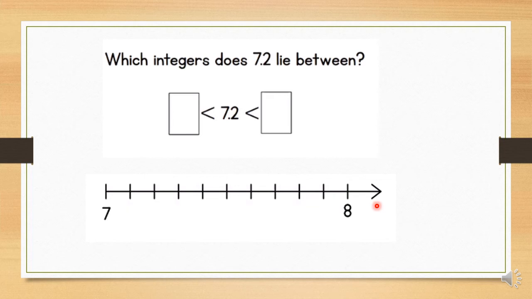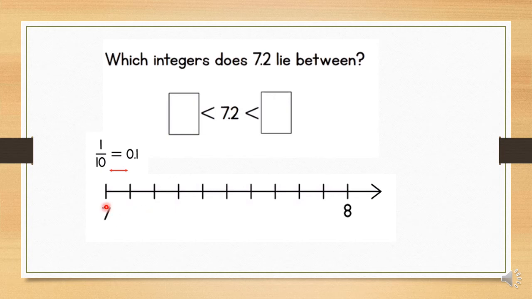The whole gap all the way along is only worth 1. So each small interval is worth 1/10 or 0.1, as we know 1 divided by 10 is 0.1. Now we can start to label our number line.